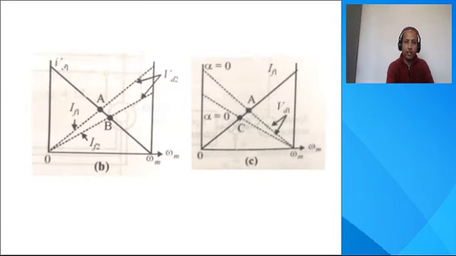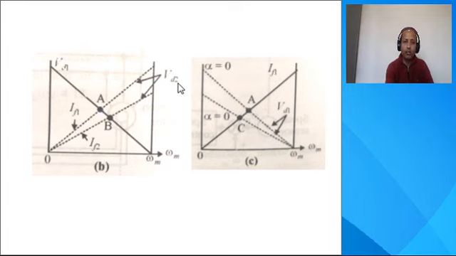For different field current values, suppose we are taking first a field current of value IF1. For this IF1, the VD2 is this. This is the value of VD2. Now VD1 and VD2, this is the equilibrium point. Point A is the equilibrium point, or we can say that steady state condition is reached here, because at point A VD1 is equal to VD2.